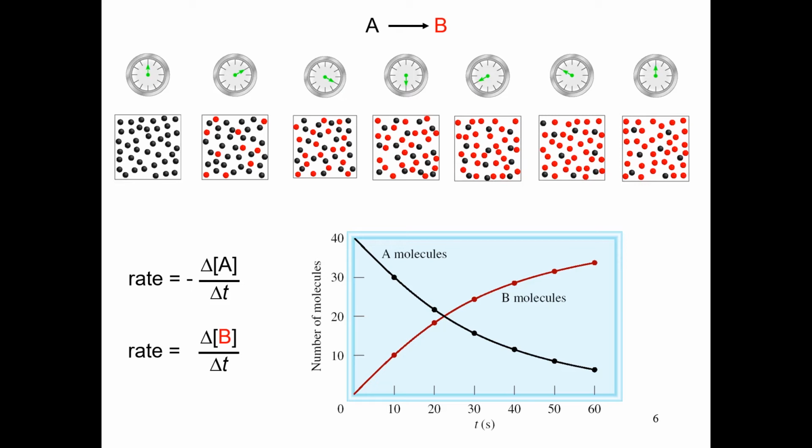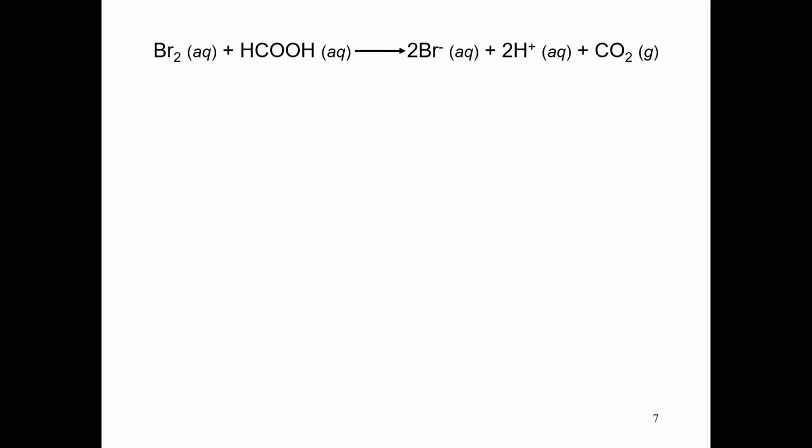Let's consider a reaction where we can actually see this color change. So here is the reaction of aqueous bromine with what we typically call methanoic acid or formic acid, and it generates bromide ions, hydrogen ions, and carbon dioxide.